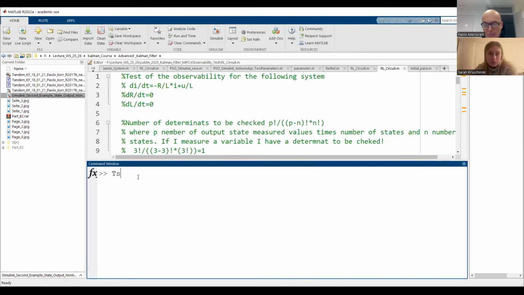Let me give a suitable Ts. This is also an interesting problem, because do you remember, it should not be so small, should not be so large. In this case, small should improve the second variation, because do you remember I told you the second variation of the Kalman filter is based on x1 of k equal x1 of k minus 1.